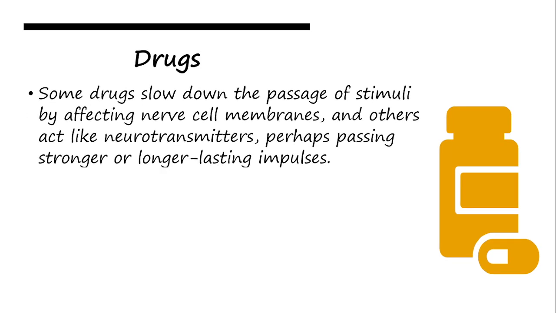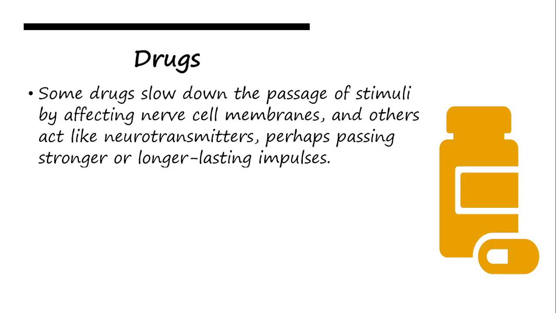Some drugs slow down the passage of stimuli by affecting the nerve cell membranes, and others act like neurotransmitters, perhaps passing stronger or longer lasting impulses. So drugs can slow down the passage of stimuli obtained by the various receptors by affecting the nerve cell membranes, and they can also act as neurotransmitters.